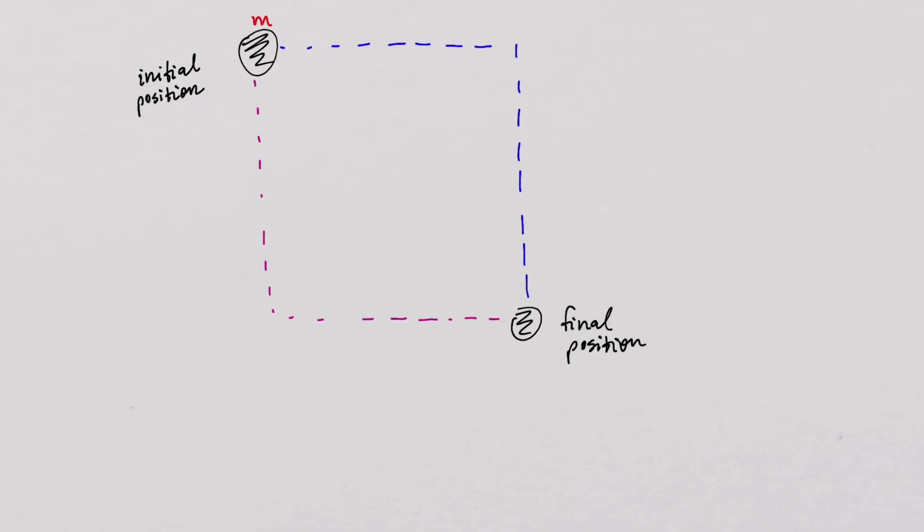What does that mean? Consider this object with mass m at this initial position. This object gets to this final position, and that can happen along two different paths. Path number 1 and path number 2.